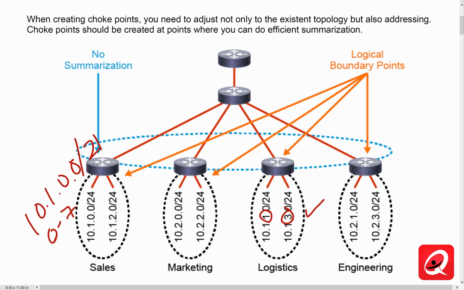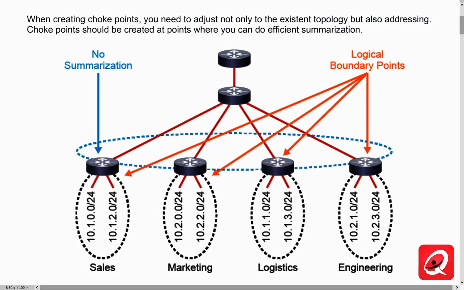So basically what they're saying in this particular case is that, based on how the topology has been created and how the routers have been addressed, it limits our ability to do summarization at these kinds of logical boundary points in the topology, because we have these non-contiguous blocks of addresses being used.